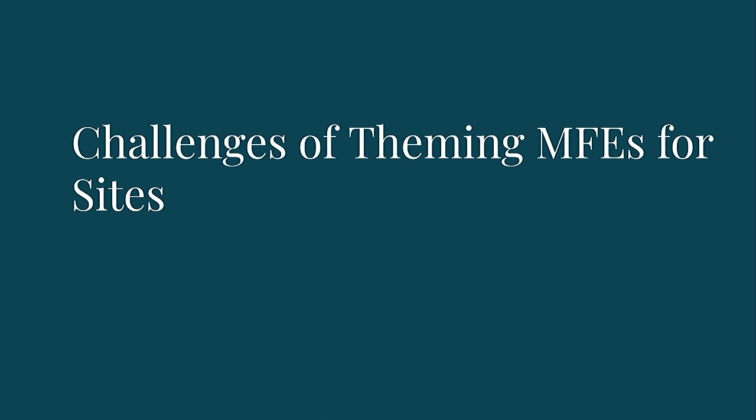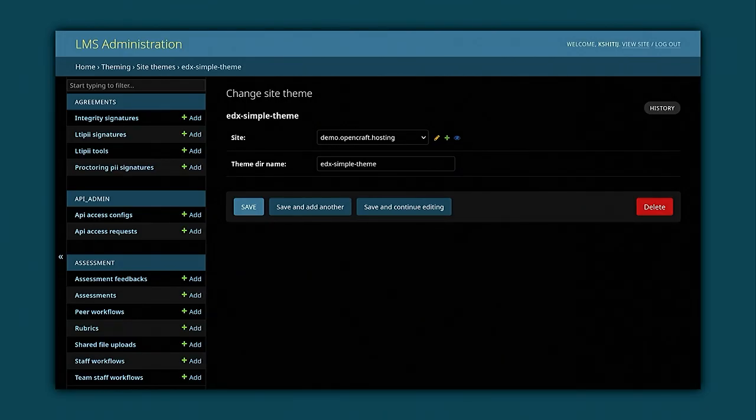The way this worked in the comprehensive theming days was pretty simple. You could install multiple comprehensive themes onto one instance, and in the Django admin, you can associate a theme with a particular site, and it would load the correct site. But how do you do this with MFEs?